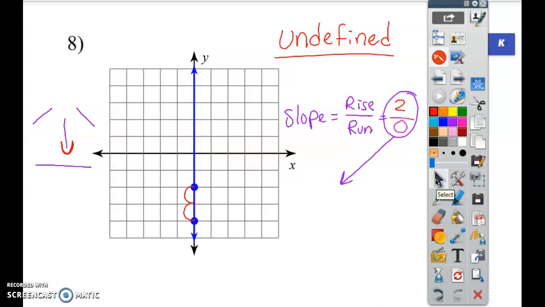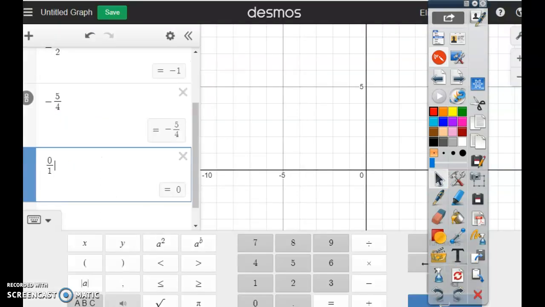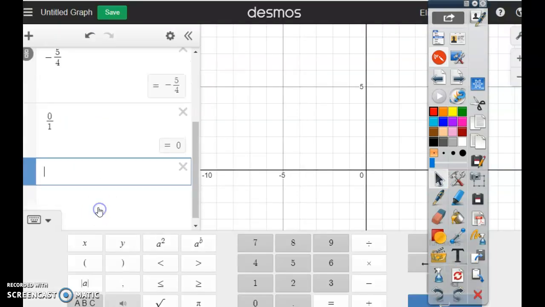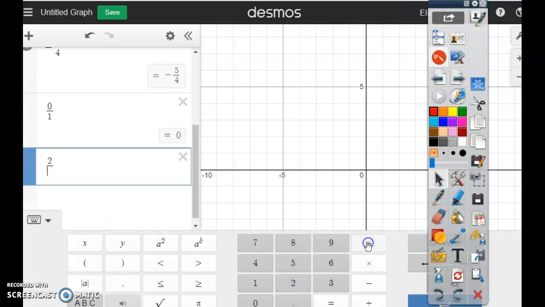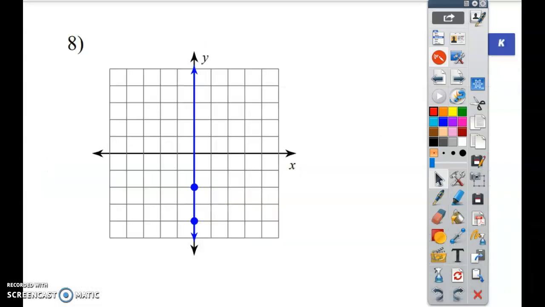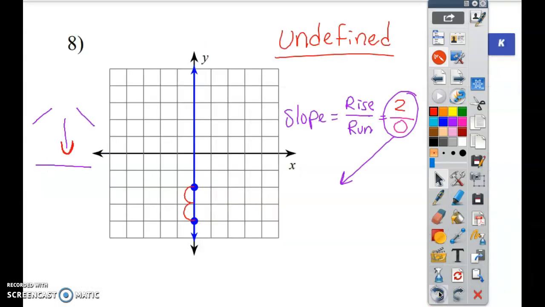And if you type it in the calculator, it will also tell you that it's undefined, that it cannot happen. So 2 divided by 0 tells you right there it's undefined, so my answer is undefined. Because you cannot divide by 0.